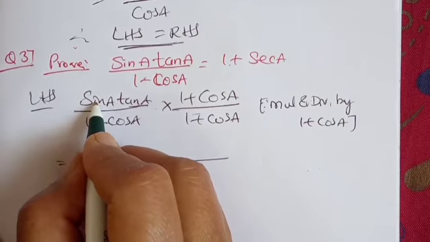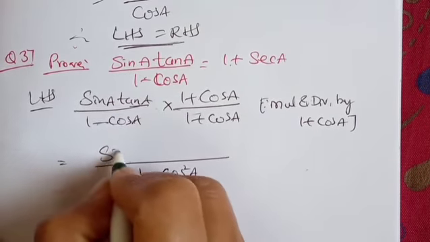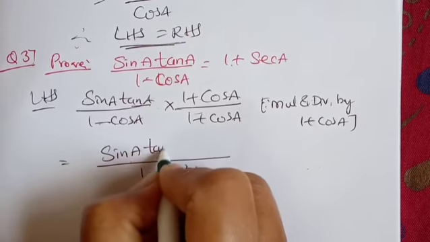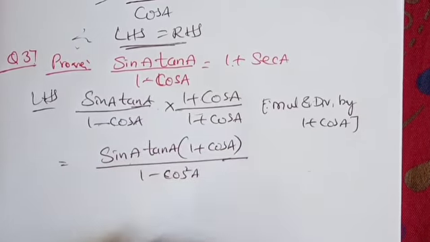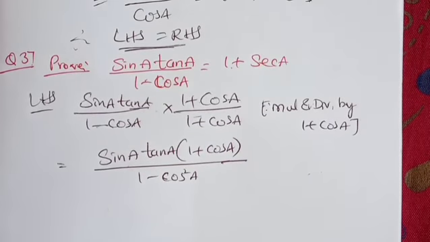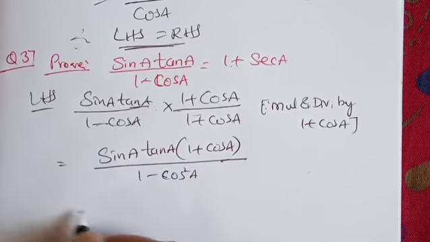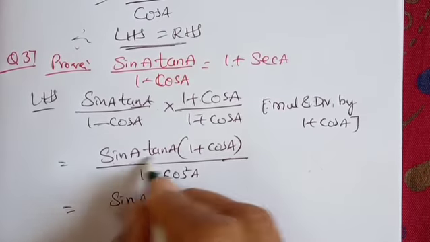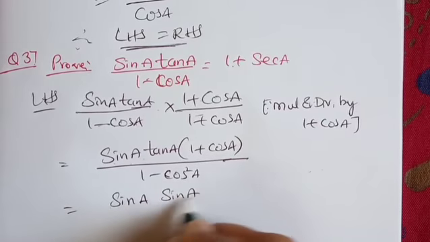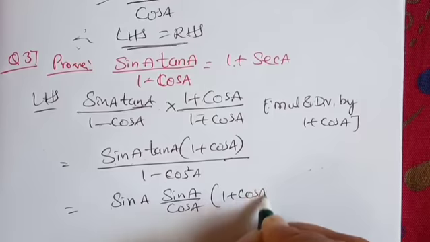Now again sin A tan A into 1 plus cos A. Okay, so again we will define sin A. Tan is what? Sin A by cos A. This remains as it is.